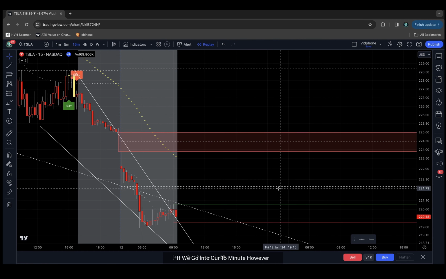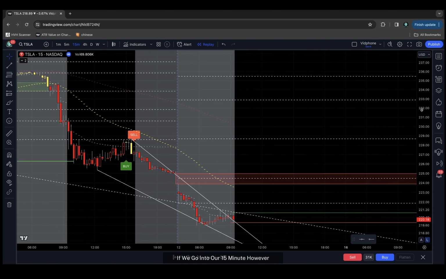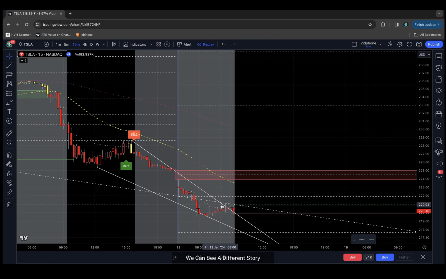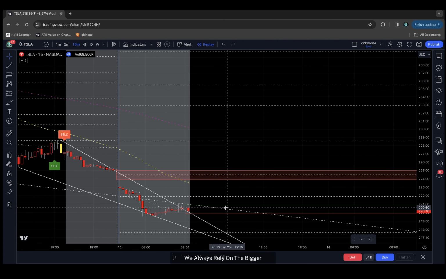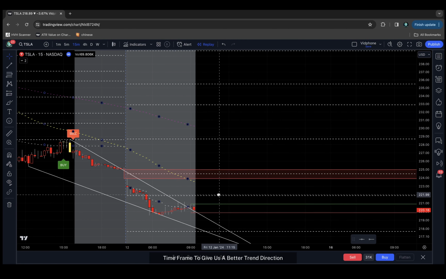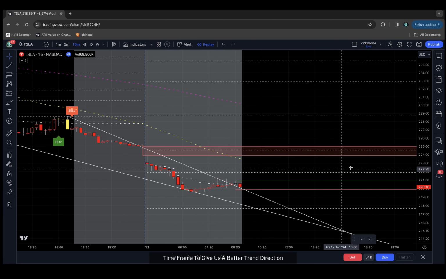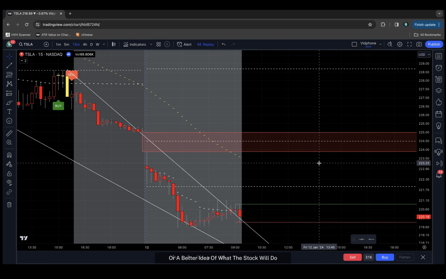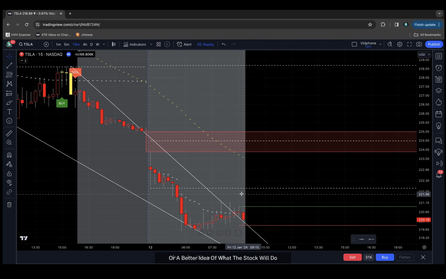But now if we go into our 15-minute, however, we can see a different story. And remember, we always rely on the bigger time frame to give us a better trend direction or a better idea of what the stock will do.